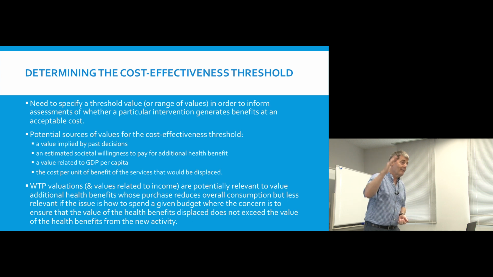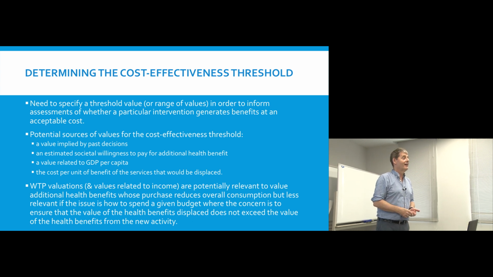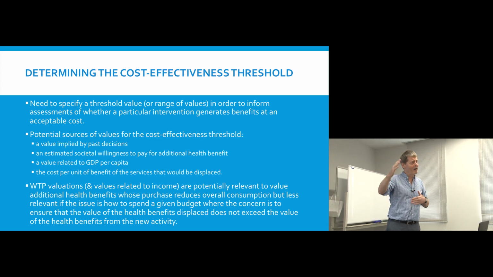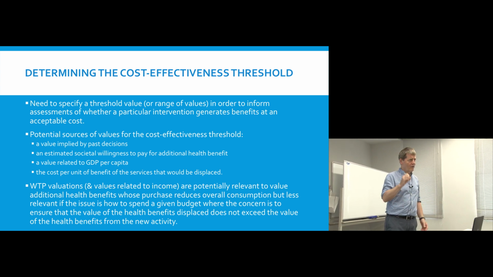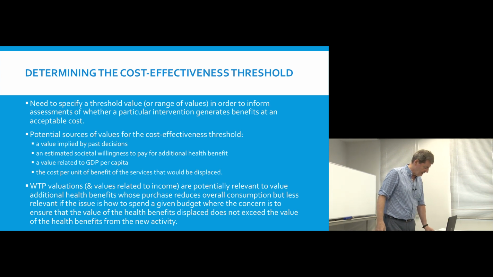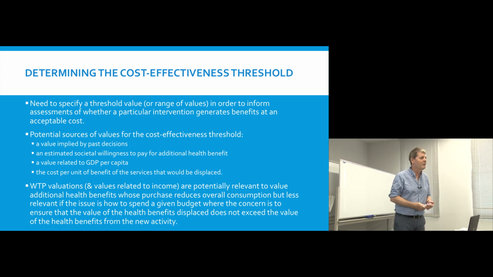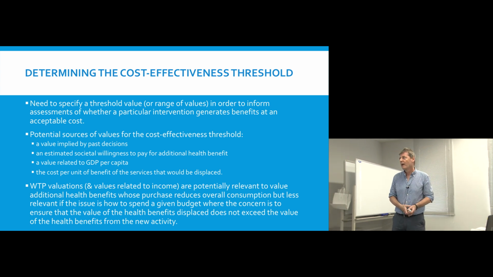If GDP per capita is very low, you're completely unable to spend these sums of money to get the additional health benefit. So you can see why there's a crude relationship, but why on earth 1 times or 3 times GDP per capita is a satisfactory guide, it's beyond me. And so I'm delighted we're moving away from it now.